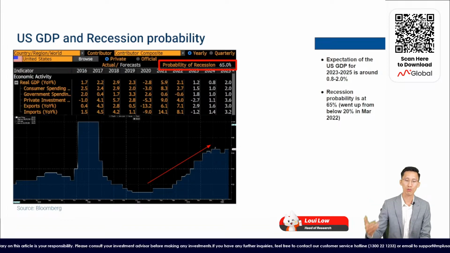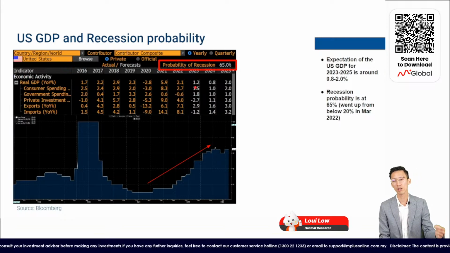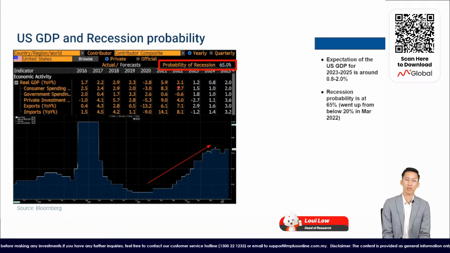So what I'm trying to say is that the consensus of the next 2 years of growth is near towards 1%, and therefore the margin of error is very, very narrow, and it's very easy for them to go wrong in any of the quarters, and that may affect the whole consensus, and this may go into a negative position.